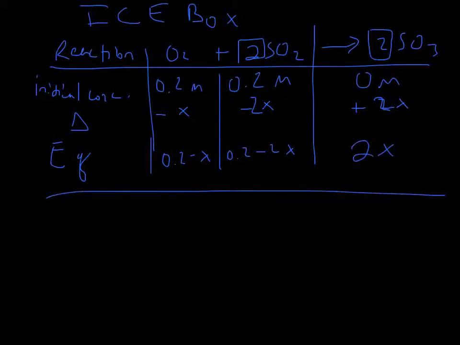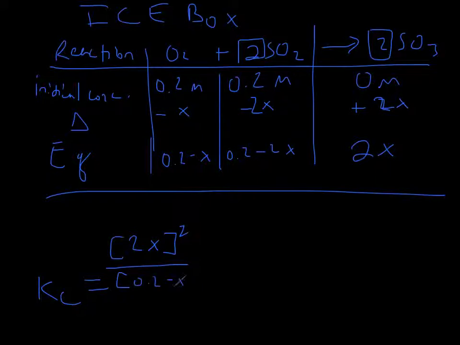Now we want to solve for x. Well, it depends on what we're given. If we're given Kc as a distinct value, then we can set up our equation like 2x squared over 0.2 minus x times 0.2 minus 2x squared, right?